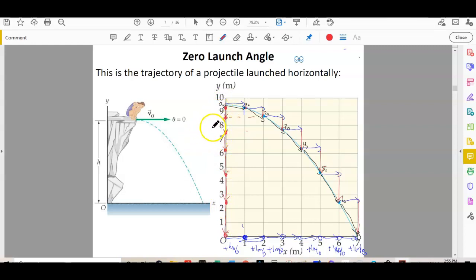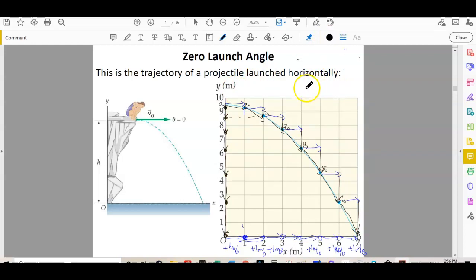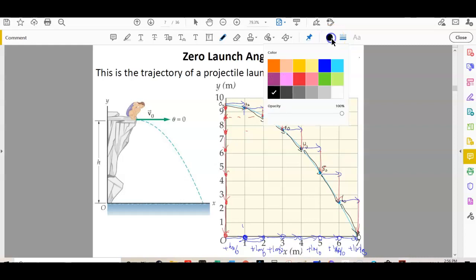So if it's speeding up in the y direction, that means its velocity vector is increasing in the y direction. So what that tells me is that if it's constant velocity in the x direction and it's speeding up in the y direction, that means there's an acceleration vector which is only pointed down. And I'm going to use pink for that acceleration vector.